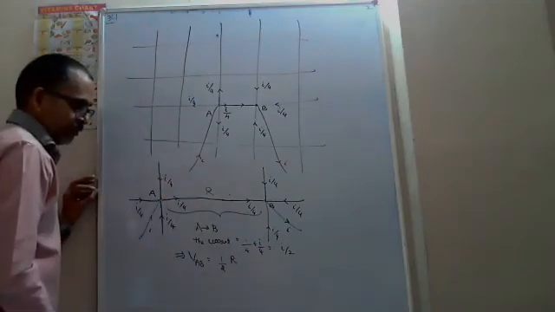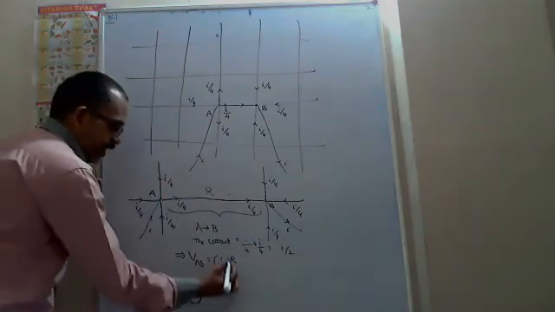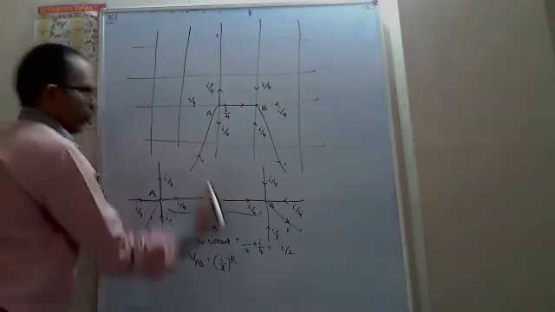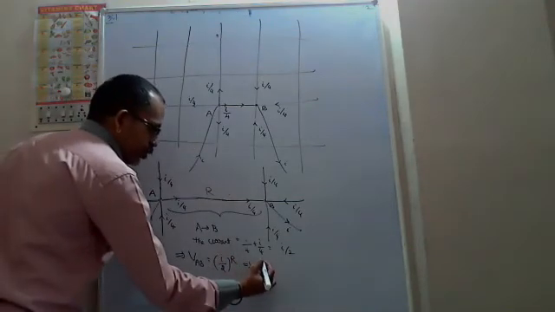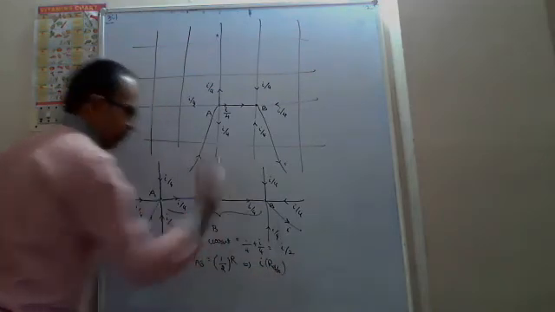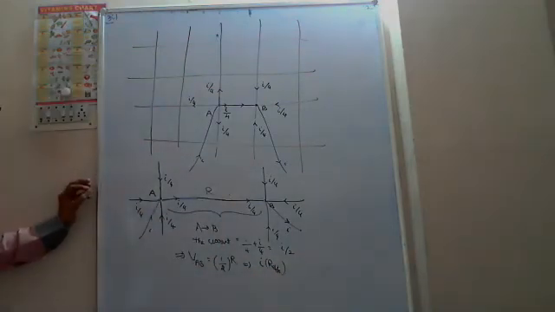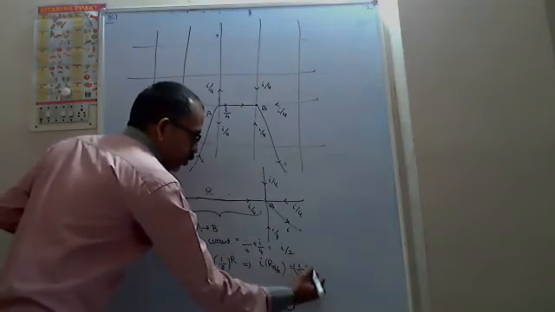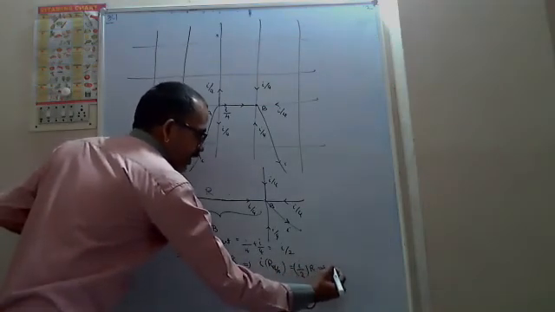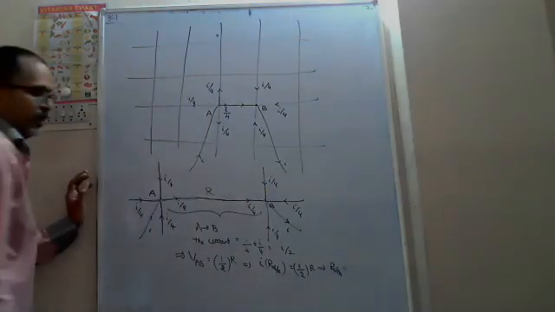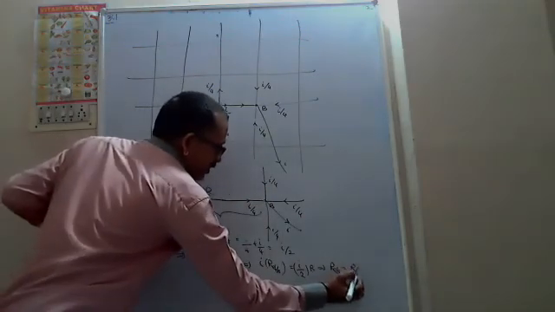Am I right? Yes, sir. This is the V across A and B. V across A and B, I already assumed previously, equals total current into total resistance, which is I by 2 into R. That implies R effective is equal to how much you are getting now? R by 2. This is the answer.